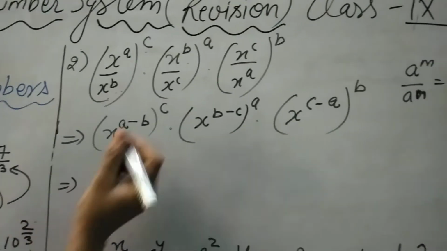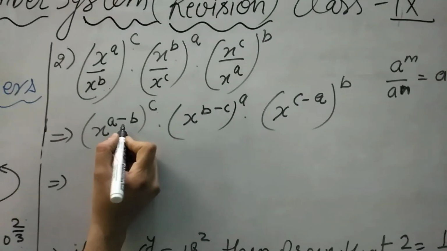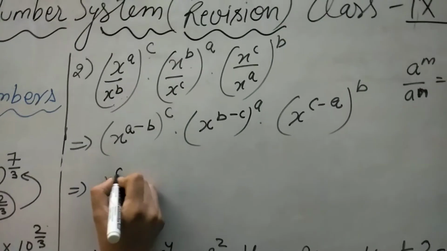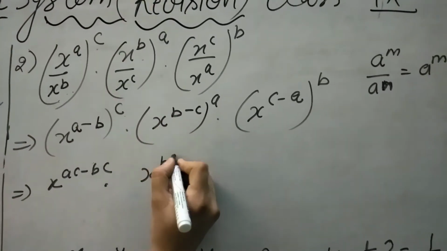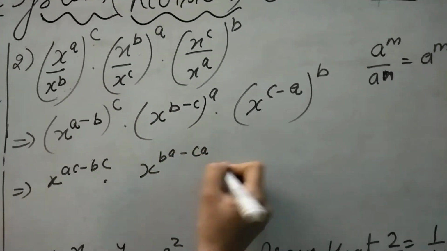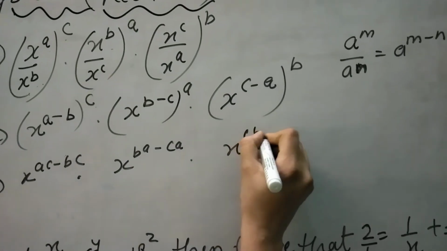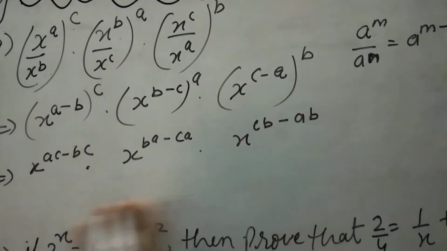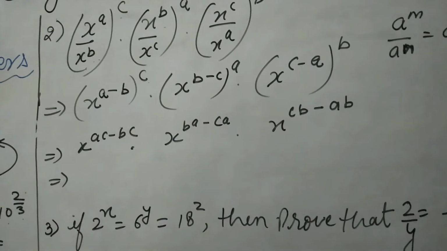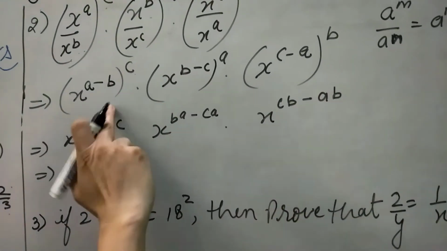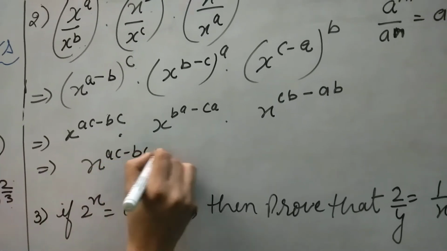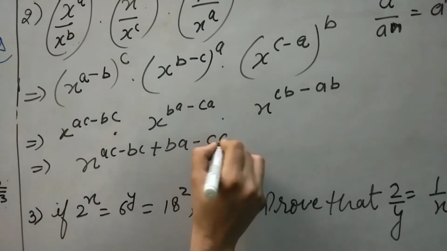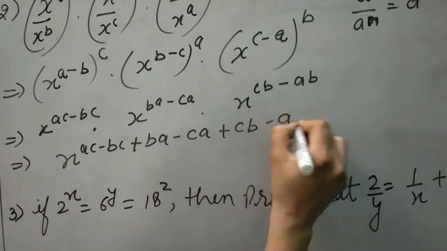Now we will multiply the power by the power in a minus b. X to the power ac minus bc, x to the power ba minus ca, x to the power cb minus ab. The base is the same and all terms are in multiplication, so all the powers will be added: x to the power ac minus bc plus ba minus ca plus cb minus ab.